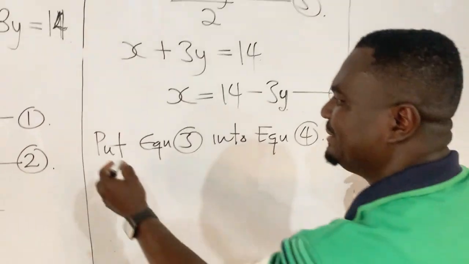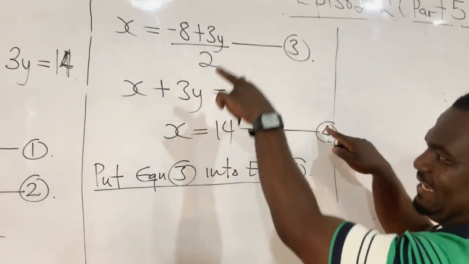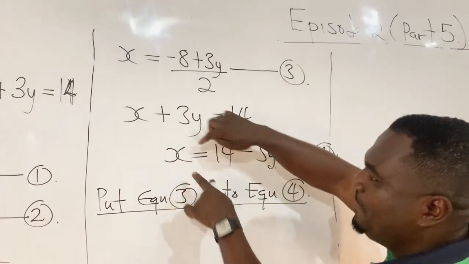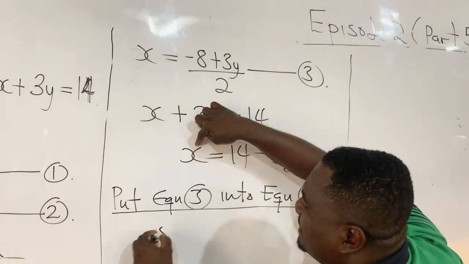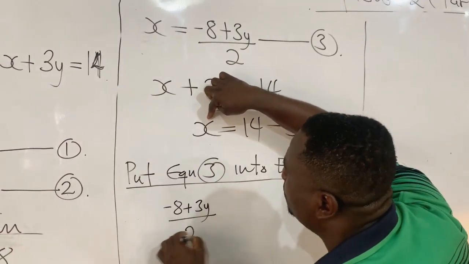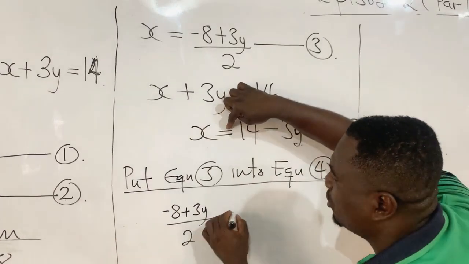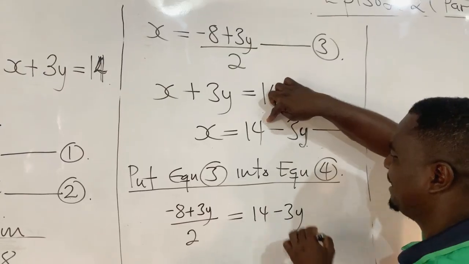So watch it. See how I'm going to put this equation 3 here. My x here is now -8 plus 3y over 2, equal to this 14 minus 3y.